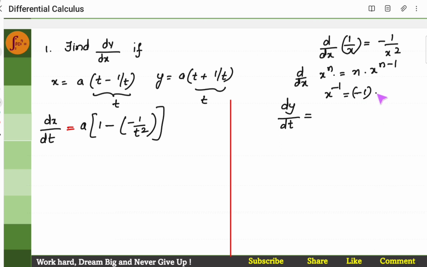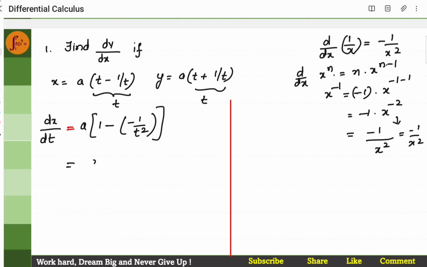So minus 1 into x to the power minus 2. I can bring this down, so I get the positive power, which is minus 1 by x square. Here we have t, so it is minus 1 by t square. So we'll simplify this. This is a into 1 plus 1 by t square. This is dx by dt.